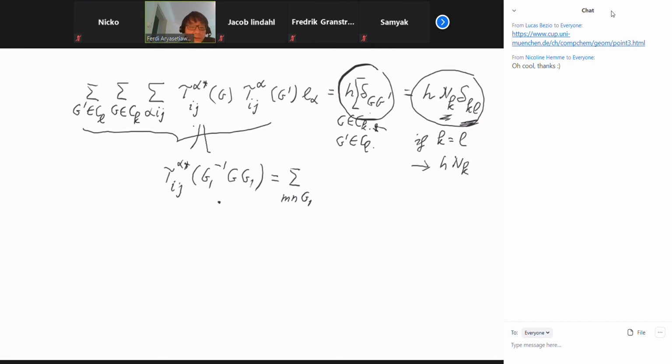Once I sum over Q1 here, I'm considering this matrix. I'm just using the definition of the representation.